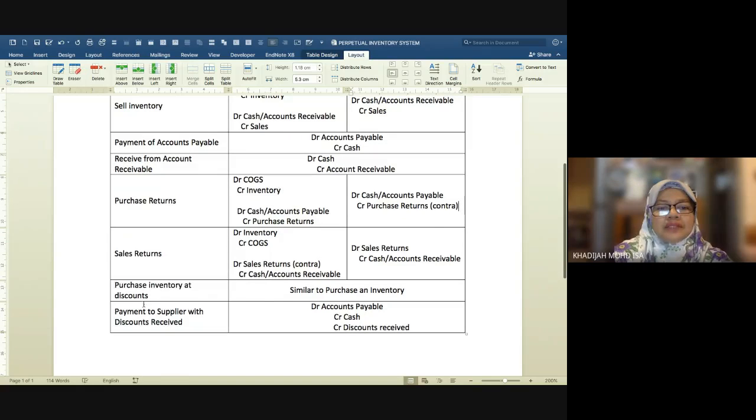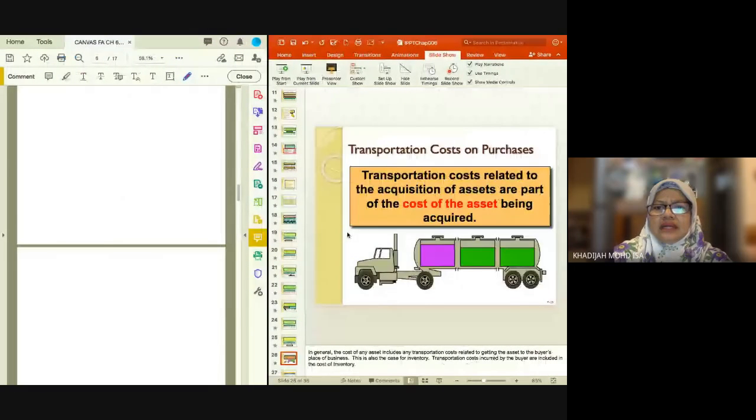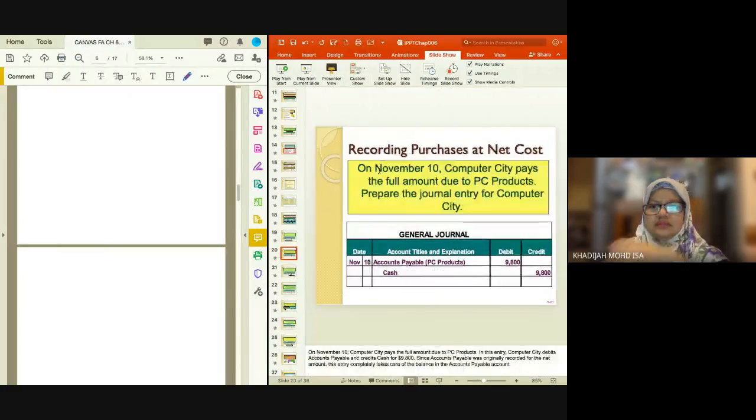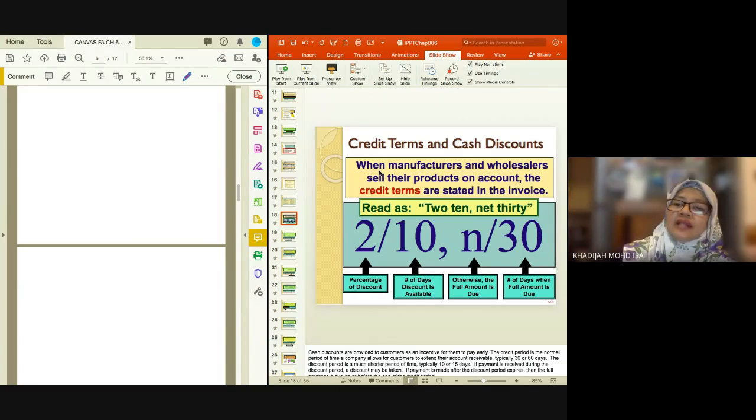Okay, purchase inventory at discount. So discounts here, this is when manufacturers and wholesalers sell their products on account. Your supplier sells goods to you, and they give you credit terms.